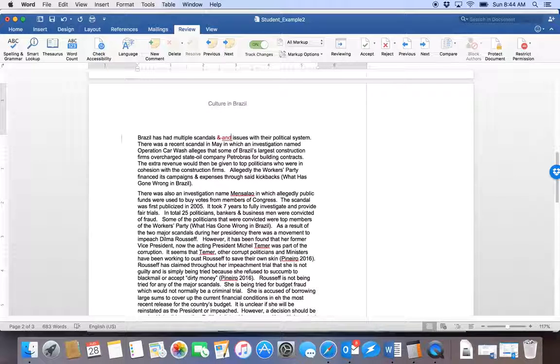The extra revenue would then be given to top politicians who were in cohesion with the construction firms. Cohesion, I don't know if that's the right word. We'll come back to that. Allegedly, the Workers' Party financed its campaigns and expenses through said kickbacks.